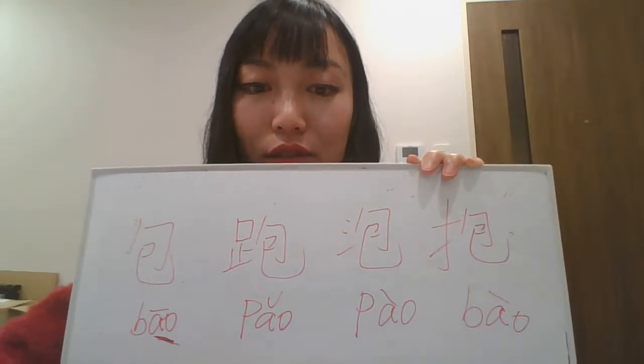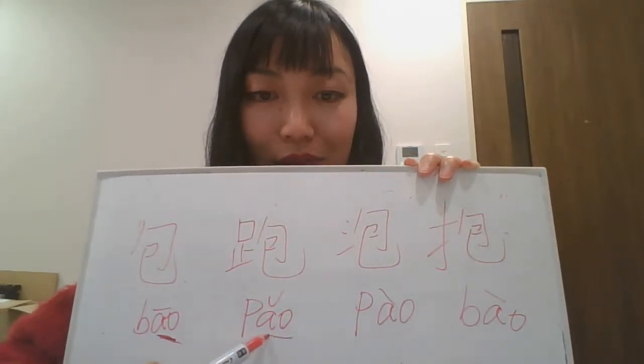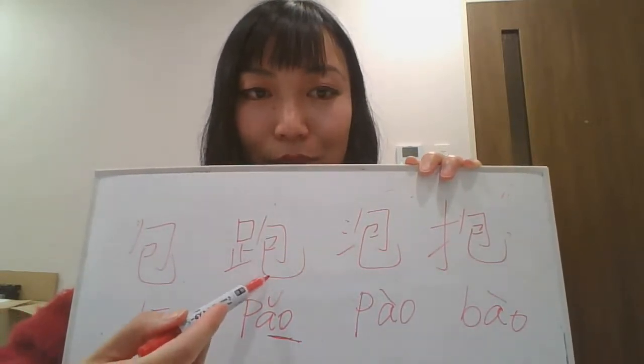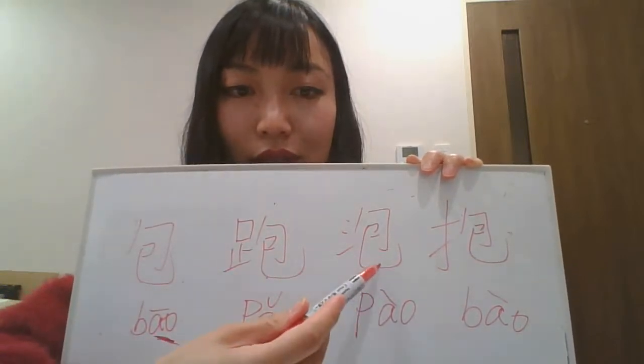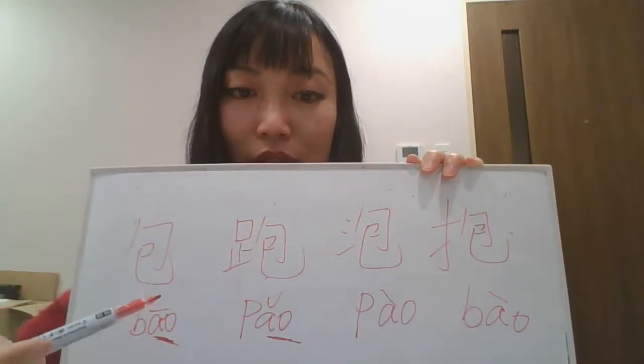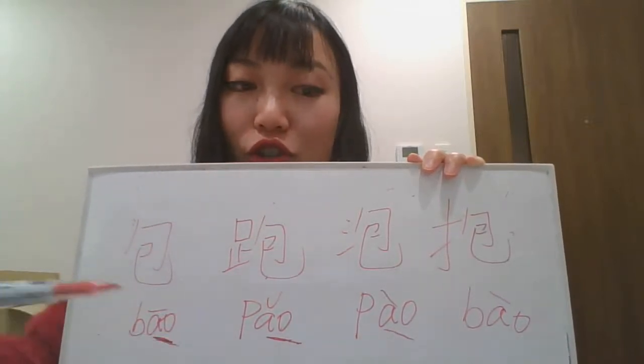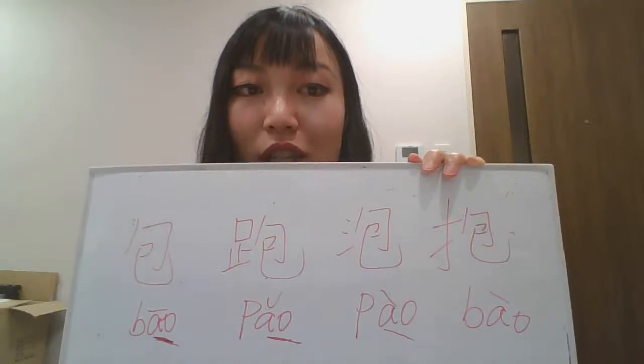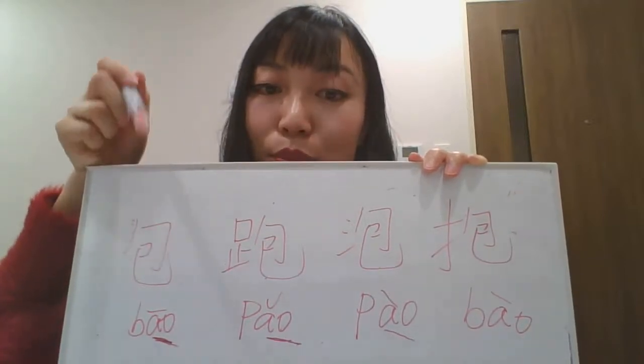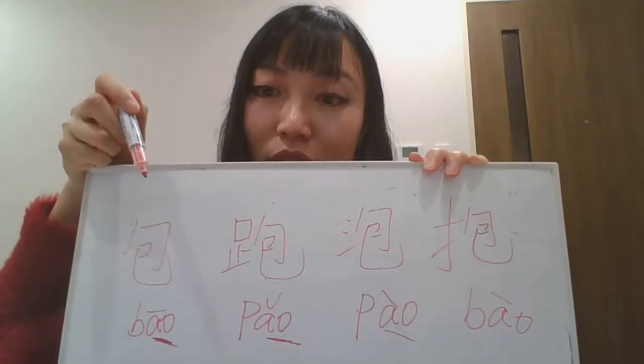And pao. This part is the same. So in this case, the pronunciation of Chinese is going to be similar. If the characters are similar, the pronunciation is going to be similar.